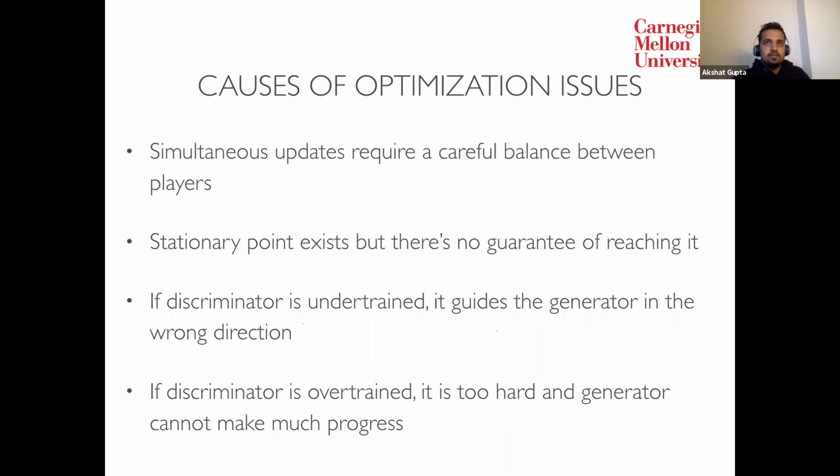Again, there is a stationary point, but there's no guarantee of reaching it. If the discriminator gets overtrained, it guides the generator in the wrong direction. If the discriminator is undertrained, it is not a good guide to the generator. If the discriminator is overtrained, it's too hard for the generator to make much progress.